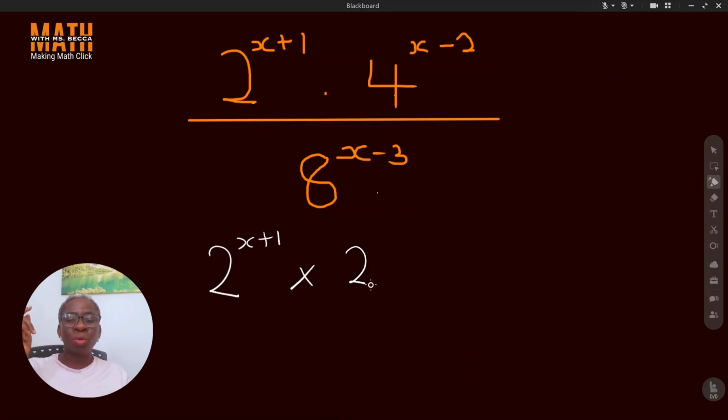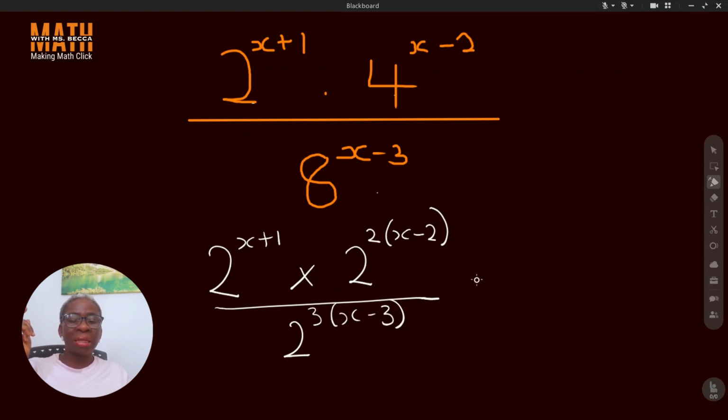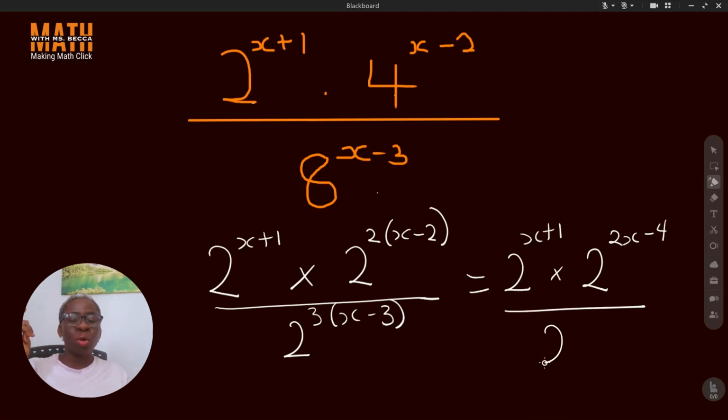This will now be 2 power 2 bracket x minus 2, then over 2 power 3 bracket x minus 3, and this will give 2 power x plus 1 times 2 power 2x minus 4, then over 2 power 3x minus 9.